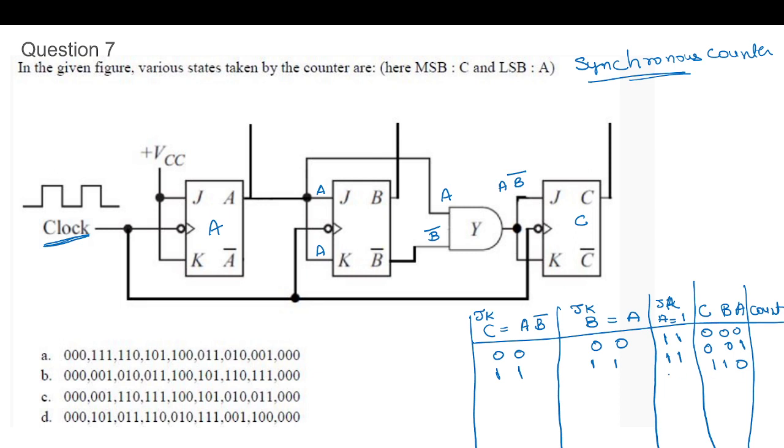Next, A is 0. And A, B bar, so 0 and 0, so 0. Now C and B will retain the state, A will toggle.